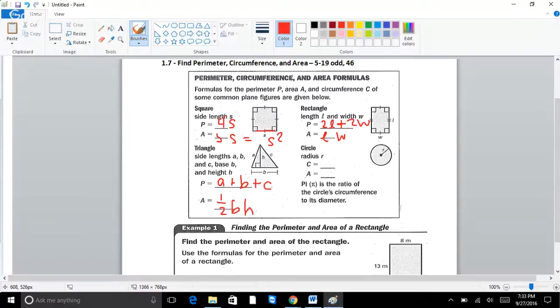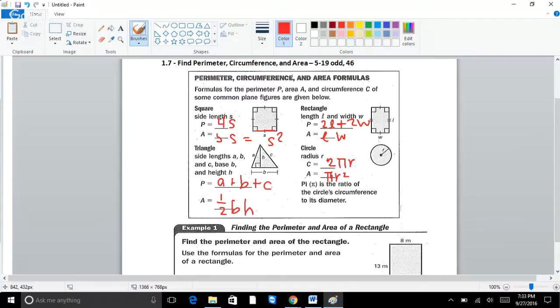Okay, and then the last one, we have our circle, right? So the circle has a radius of R. So the circumference is going to be 2 times pi times the radius. And the area is pi r squared. So that's just a quick review for you of perimeter, circumference, and area.